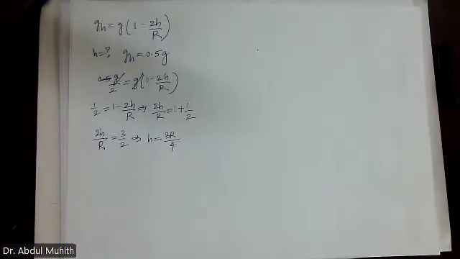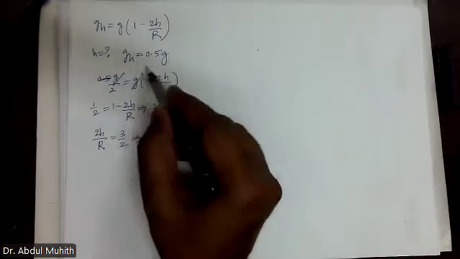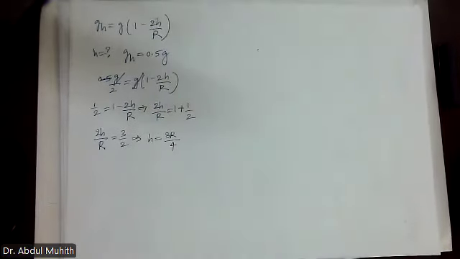Got it? Means when you travel a distance, the height is how much? The height is R by 4, 25% of the radius of the earth. Then only the gravity is that much. Like that, you can apply it for 25% also, 30% also. Got it? The same applies to depth also.